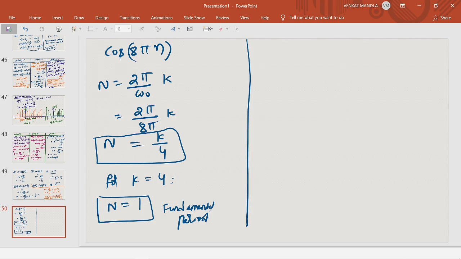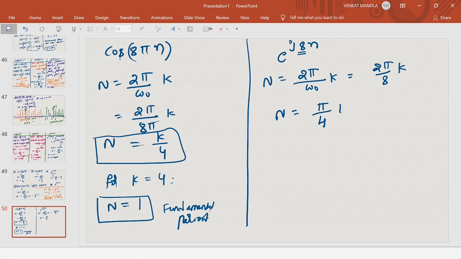And I gave you one more signal, e power j 8n. So here omega naught is 8. So n equal to 2 pi by omega naught into k, that is 2 pi by 8 into k. So n equal to pi by 4 into k.